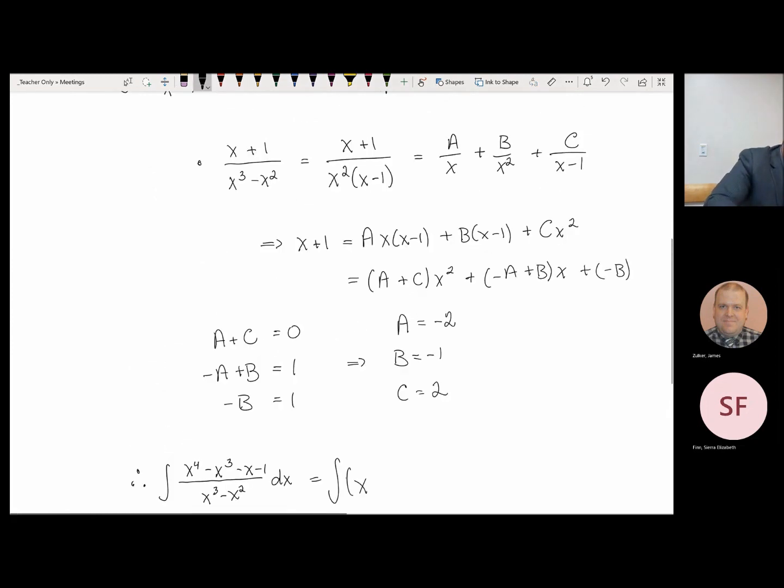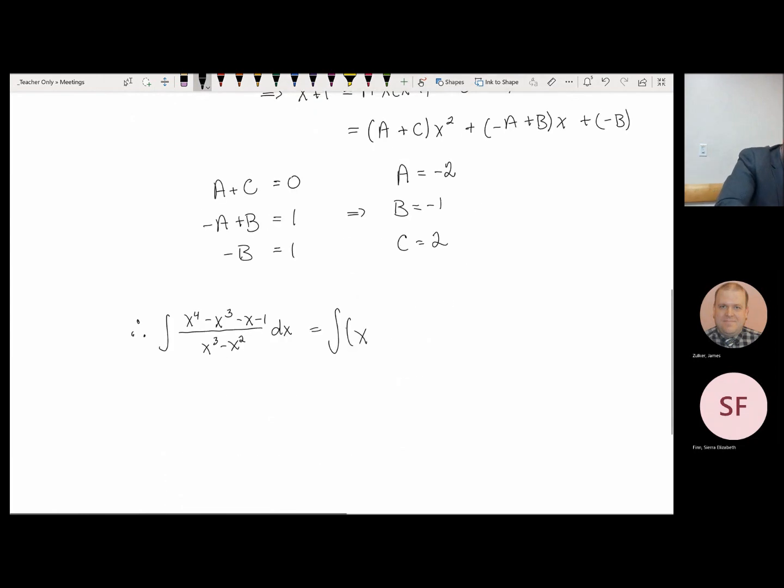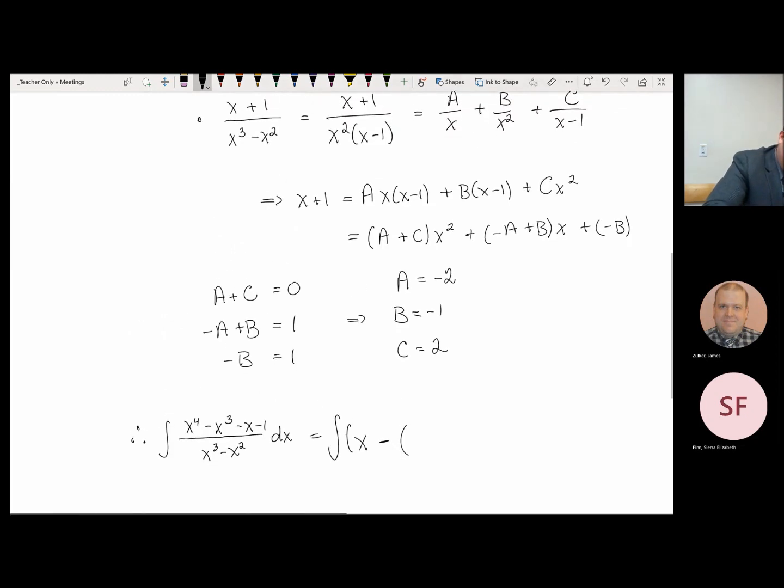But you still have that x floating around, right? Minus, but now that fraction comes into play. That fraction can be written as -2 over x minus 1 over x squared plus 2 over x minus 1.